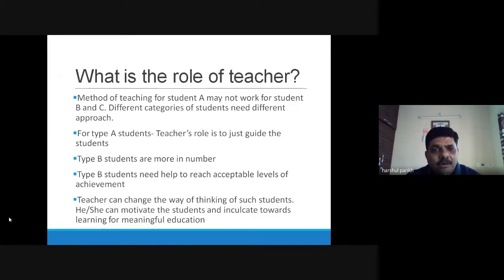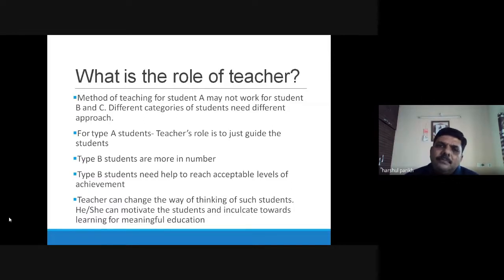And here our techniques are more towards level 5 and 6, what we learned previously. 5 and 6 is the cognitive level, problem solving, critical thinking. Type B students, generally they are more in every class. They are more in number.